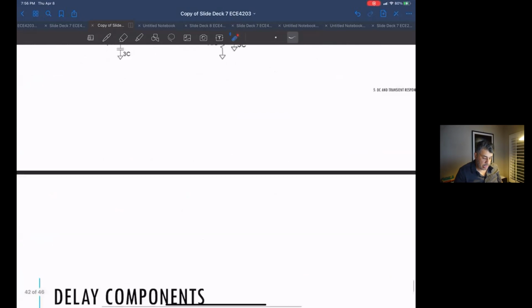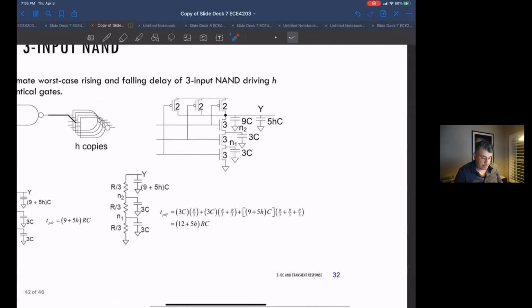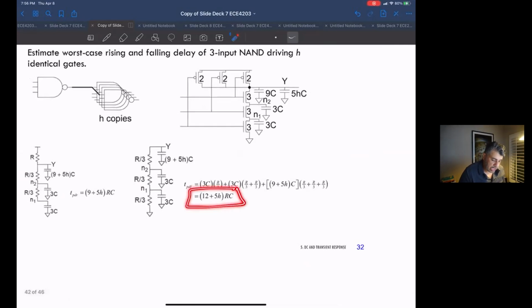So the nice thing here is that if you made a NAND gate that had the equivalent rise and fall times of a minimum size inverter, a unit size inverter, you would always get this delay: 12 plus 5H RC.